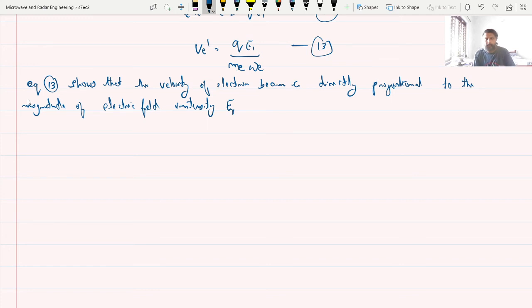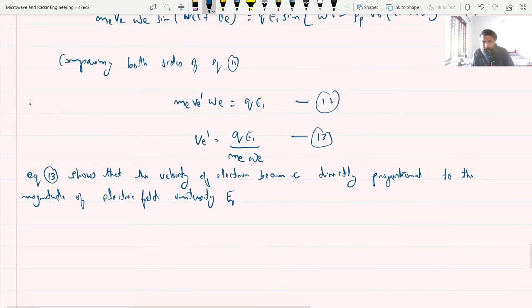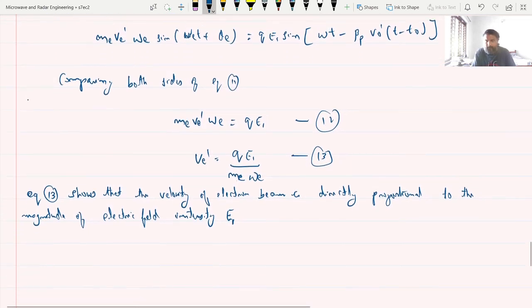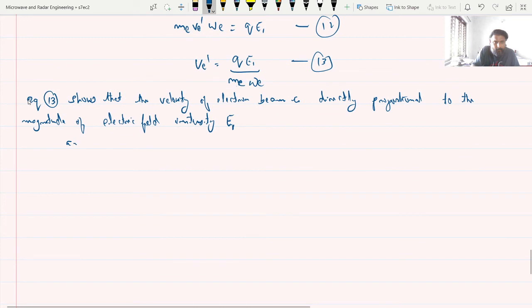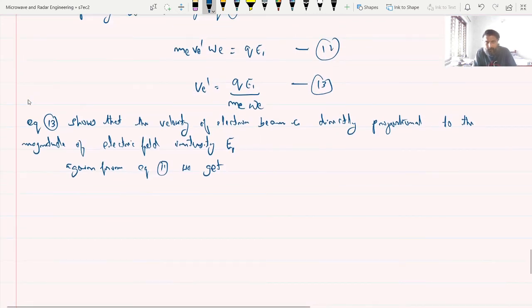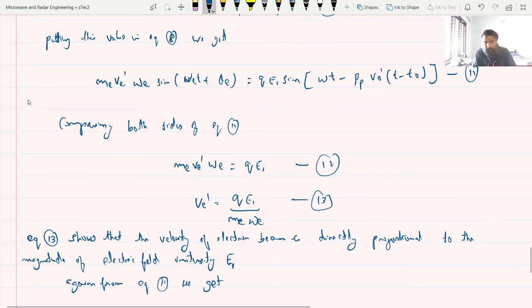Again from equation 11 we get sin(omega_e t plus theta_e) is nothing but sin(omega t minus beta_p V naught dash into (t minus t naught)).